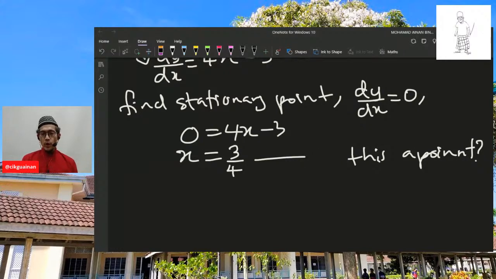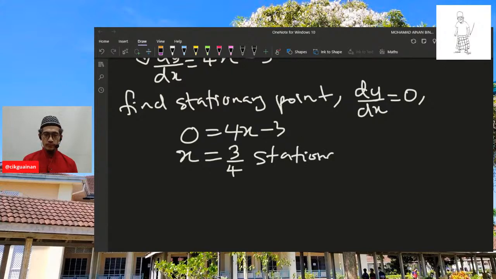So this is not a point yet. This is what we call a stationary number. We get a stationary number when we figure out the value of the variable after we equate the first derivative to 0. Whatever the variable is, whether x, y, or whatever.